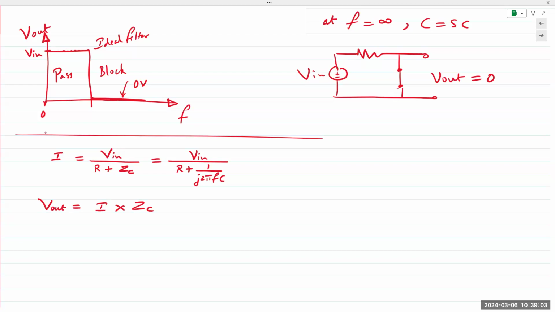You plug in I from here, and ZC is still 1 over j 2 pi FC. You have V out on the left, you have V in on the right. You take everything else except V in and translate it onto the other side of the equation. You get V out over V in, which of course describes H of F, or the transfer function.